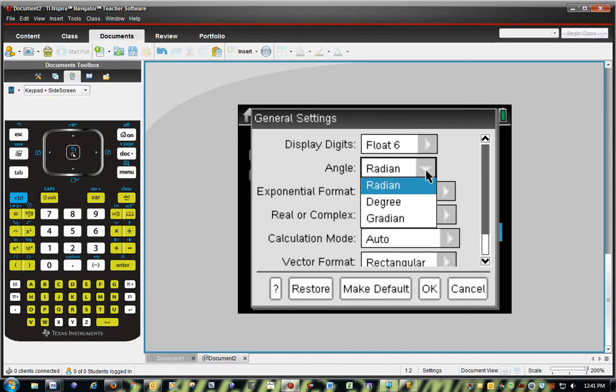It needs to stay on radians, because I don't want you going in there and changing any of the general settings of the calculators, because that's not anything that you need to worry about. All that does is it screws it up for other people, so I don't want you to do it.